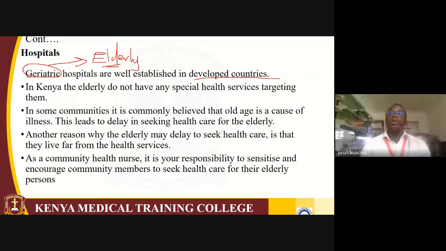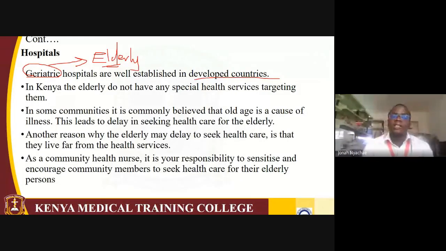You don't call a person an old person; it doesn't sound really nice. You just say elderly; it sounds much better. In Kenya, the elderly do not have any special health services targeting them. We don't have specialized hospitals like in developed countries.